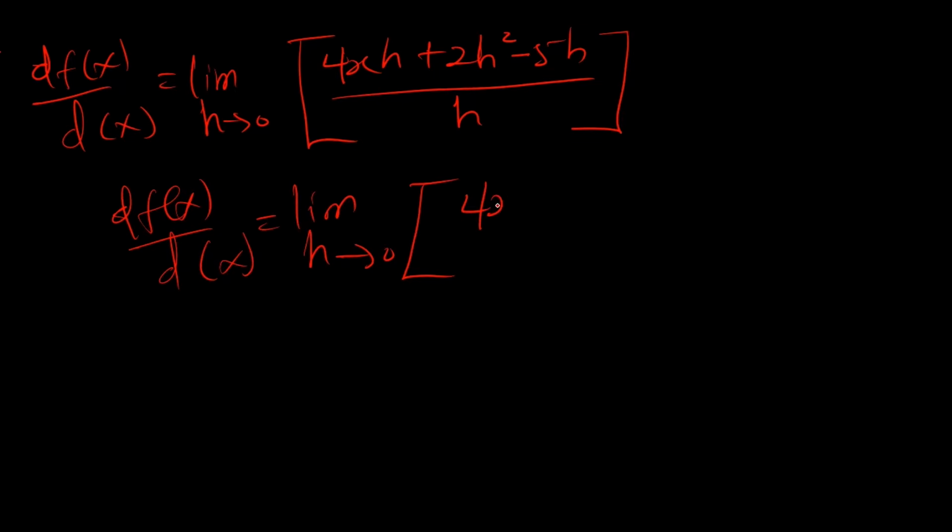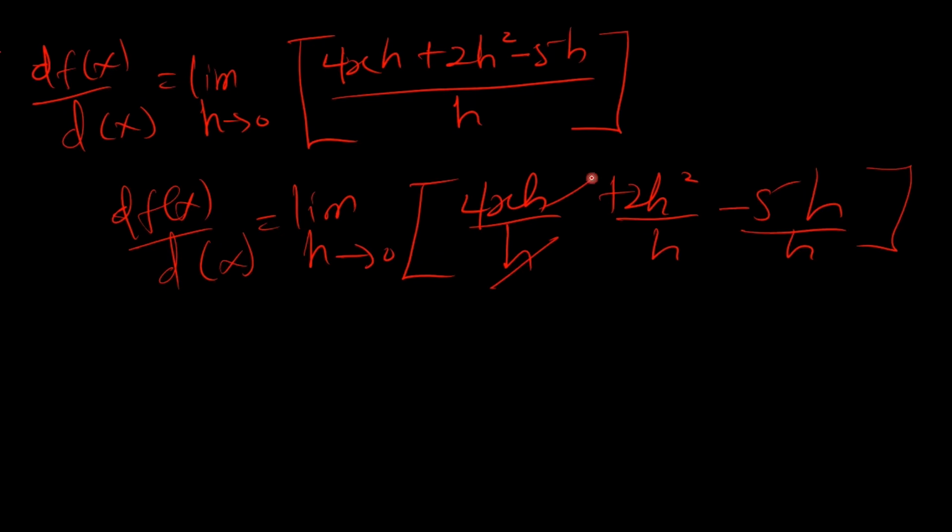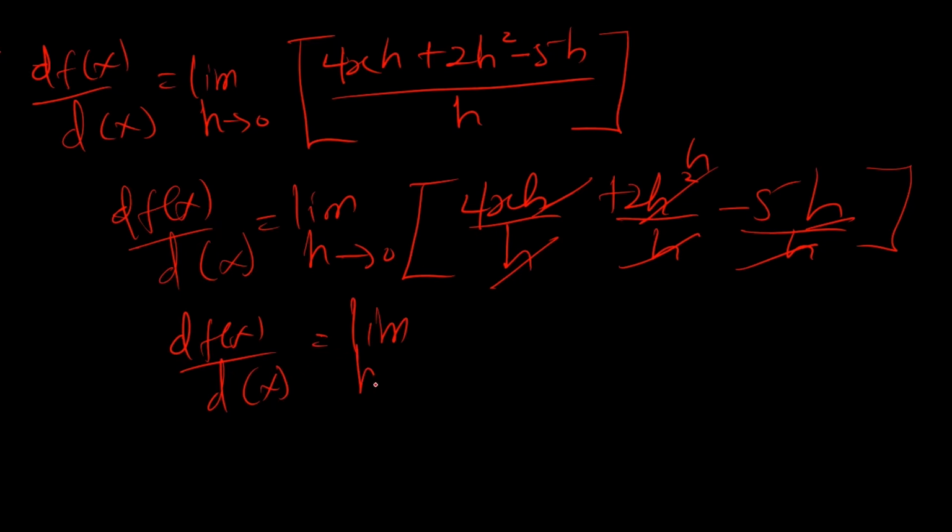We can have 4xh over h plus 2h squared over h, minus 5h over h. We are just sharing the denominators for them. So this will take care of this. This will leave one here. This will take care of this. So f prime of x equals the limit as h approaches 0 of 4x plus 2h minus 5.